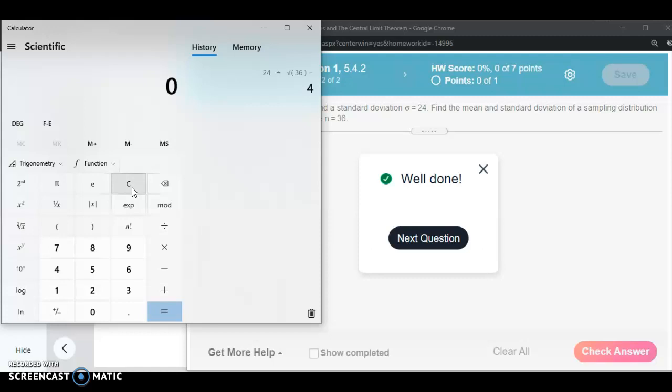Depending on your calculator, you may need to type that in a little differently than I did, but in any case, you should be getting 4 if the population standard deviation is 24 and the sample size is 36. And of course, you can do that separately. You can take the square root first, and then divide 24 by your previous answer.